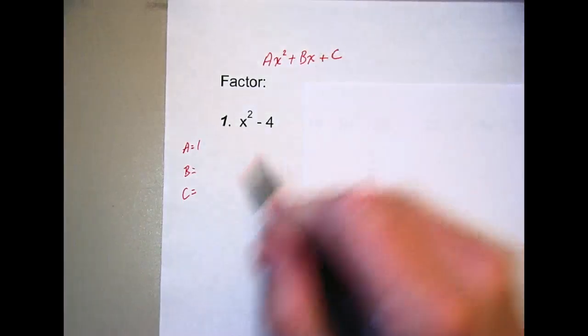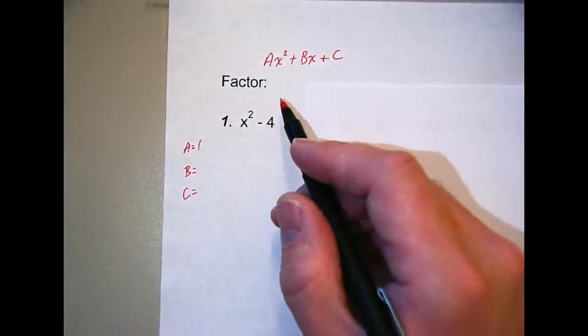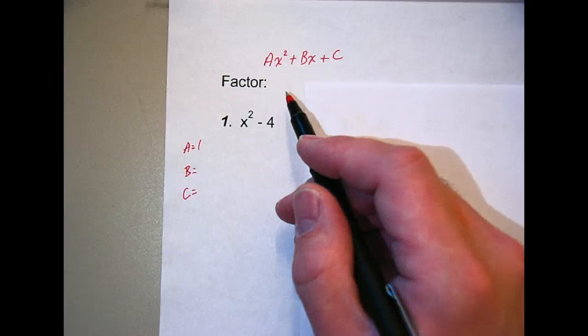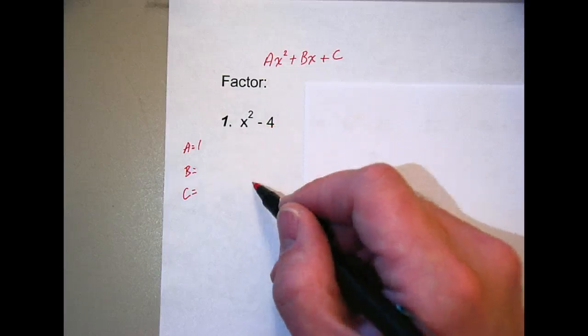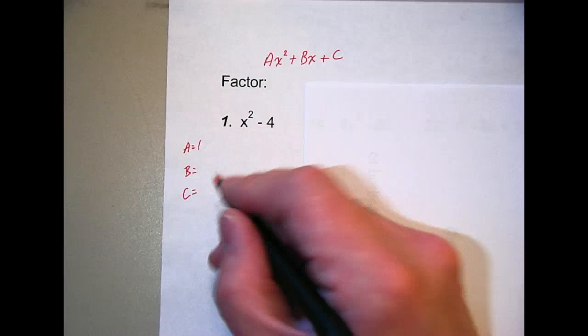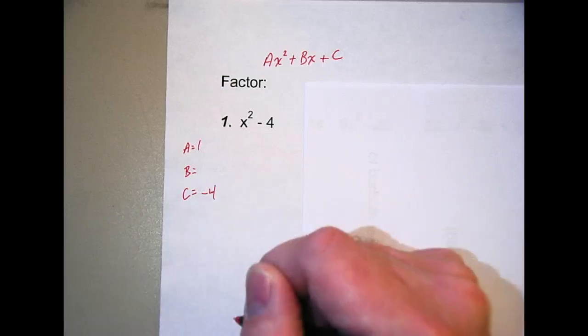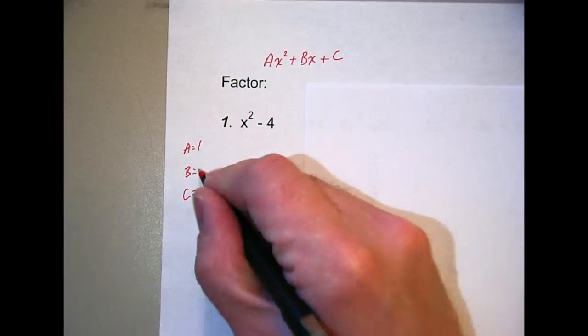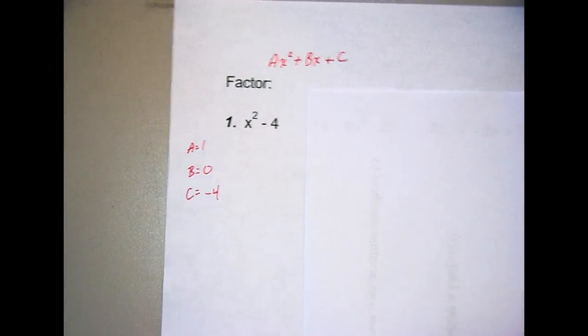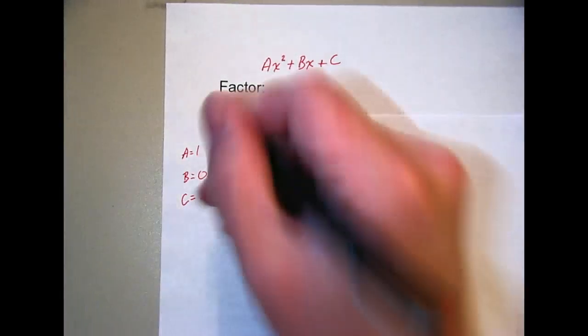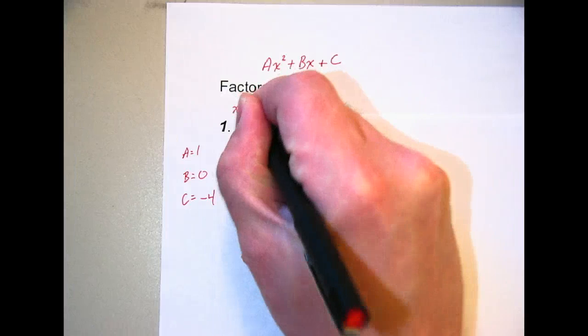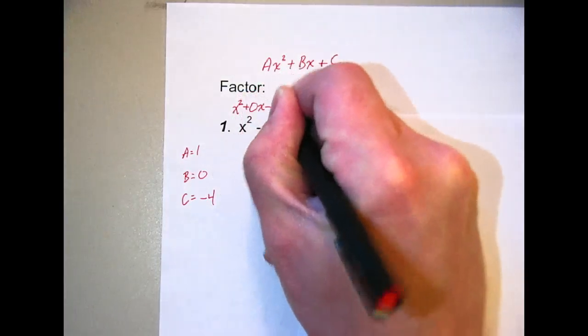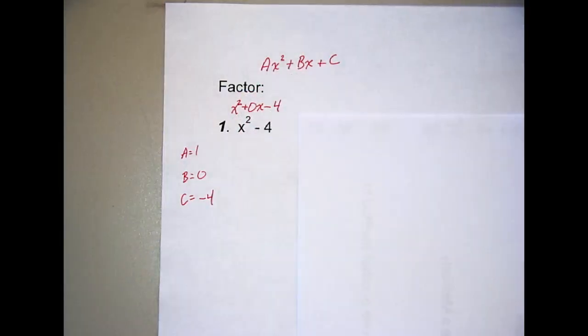So Mackenzie, what's being added to our x? B is not -4. C is -4 though. So Annalise, what's B? B is 0. So you could rewrite this one in this form: x squared plus 0x minus 4. Now we usually don't, but you could.